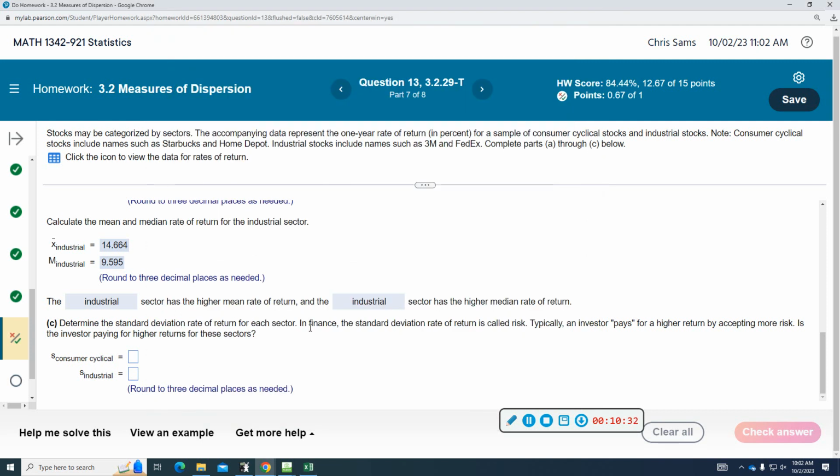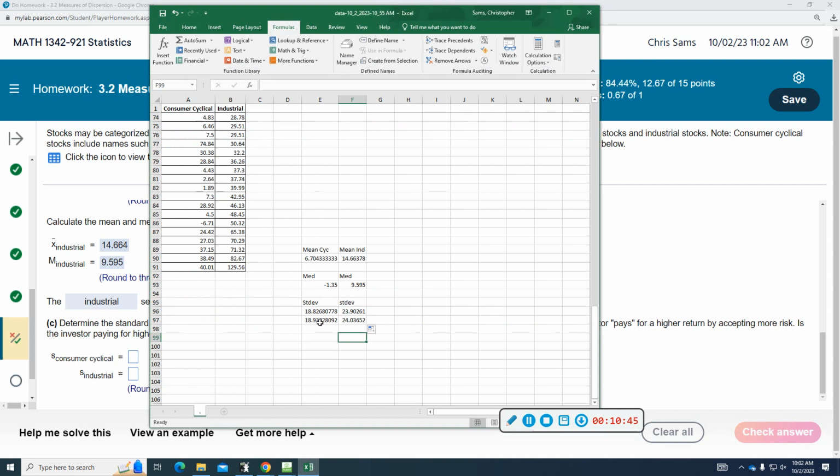Determine the standard deviation rate of return by sector. It doesn't say specifically, round to 3 decimal places. Okay. So let's do sample. That's normally what we want. Sample, we're going to do 18.932 for cyclical.